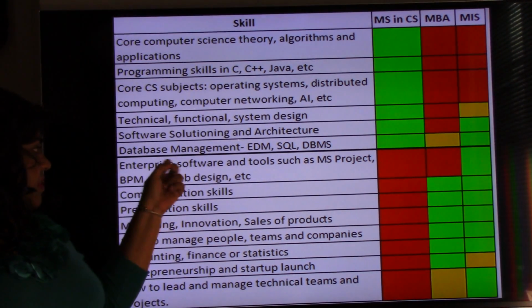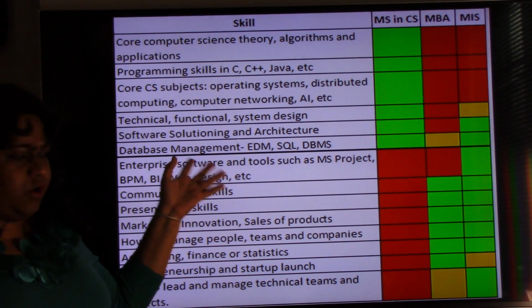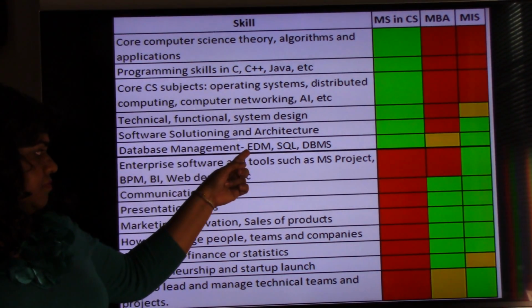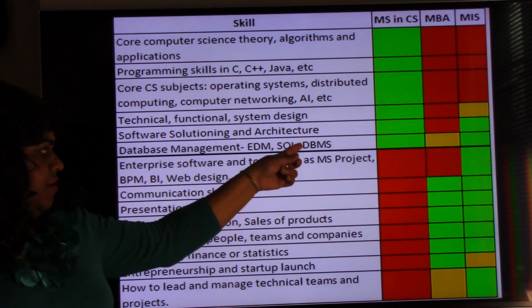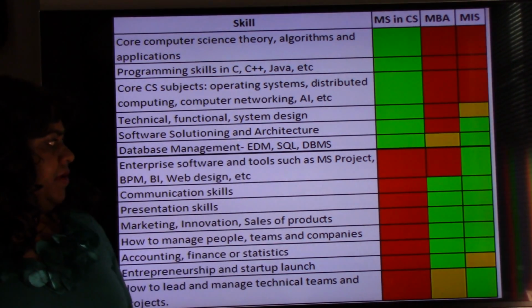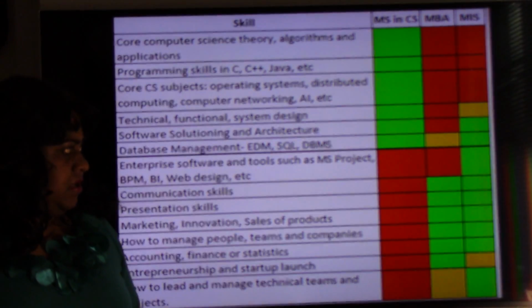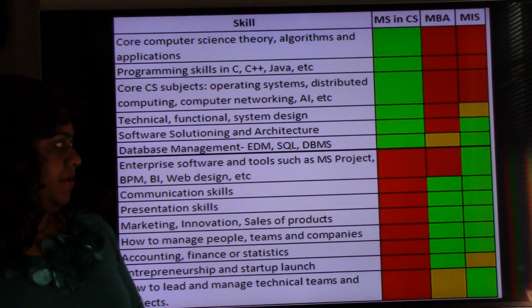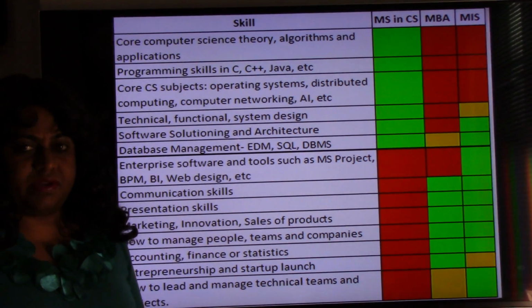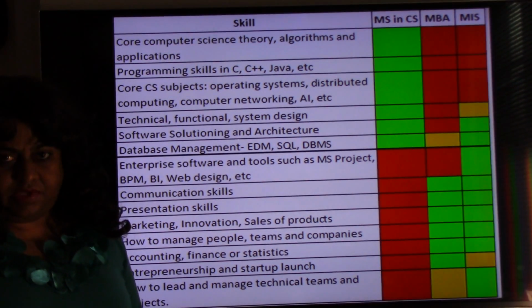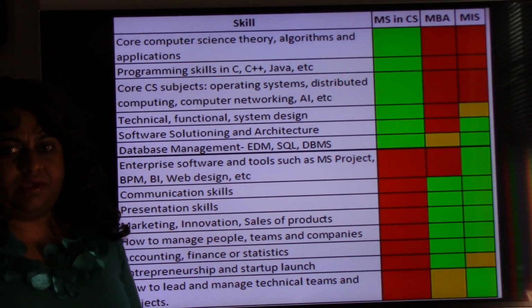Database management. So if you want to focus on database management, like enterprise data management, EDM, SQL or DBMS, then you should probably do an MS in computer science or an MIS. In an MBA, you learn a little bit about database management and enterprise level ERP.